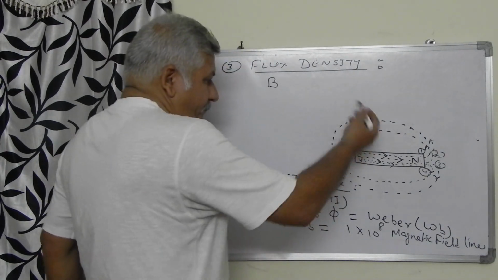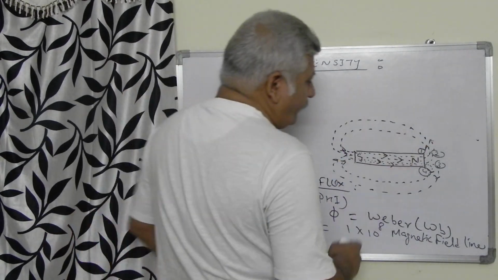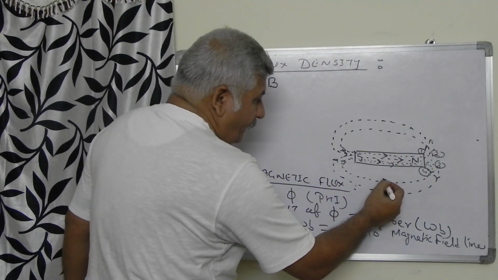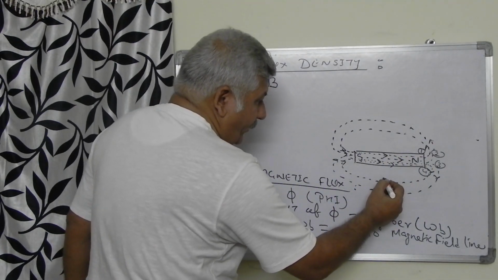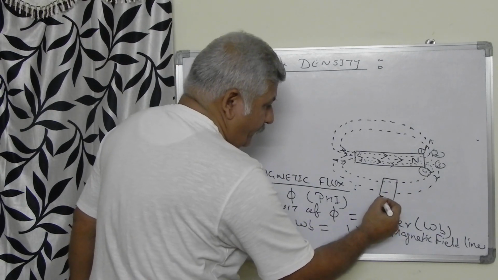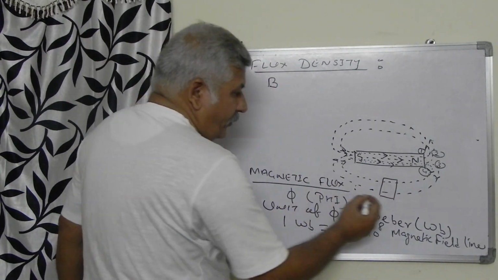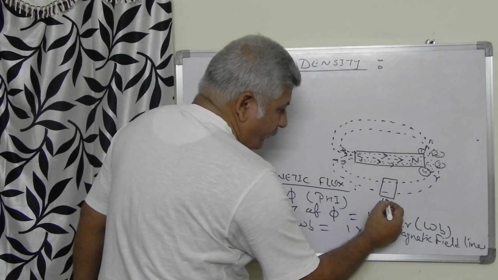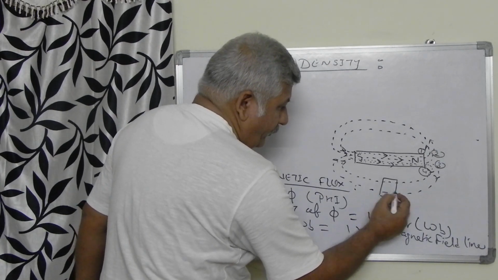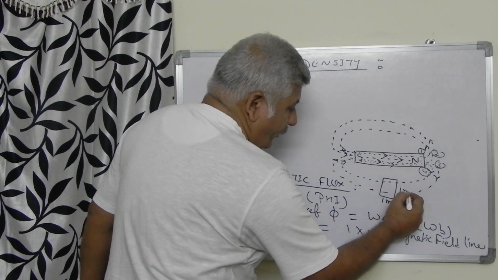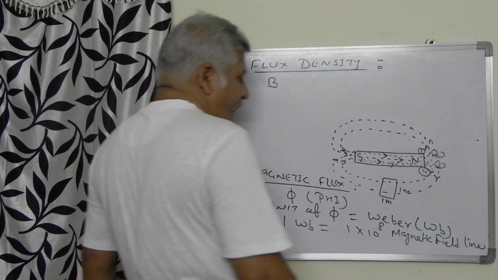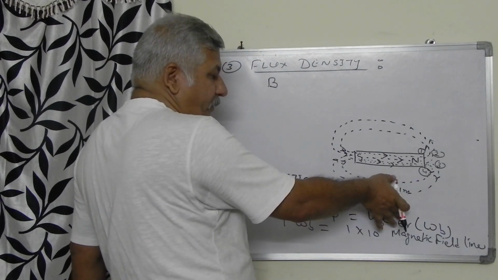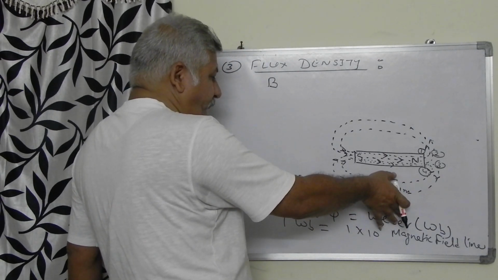Now let us assume, suppose here we place one plane. Let us assume it is 1 meter by 1 meter, this is 1 square meter. And this plane is placed perpendicular to these magnetic field lines.